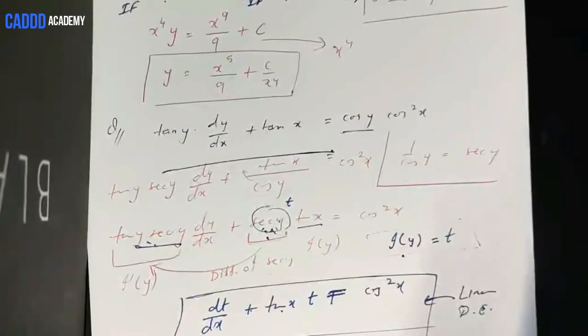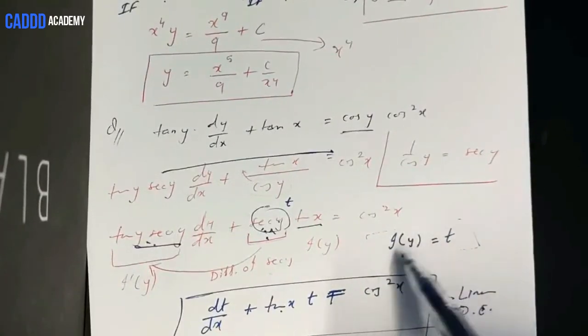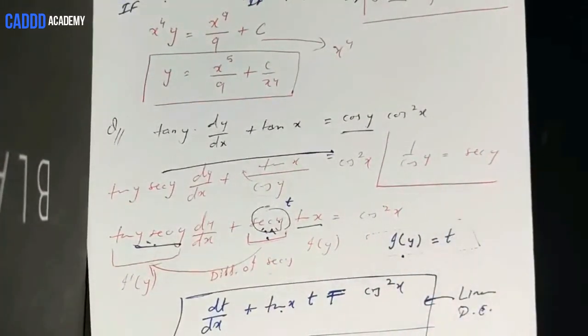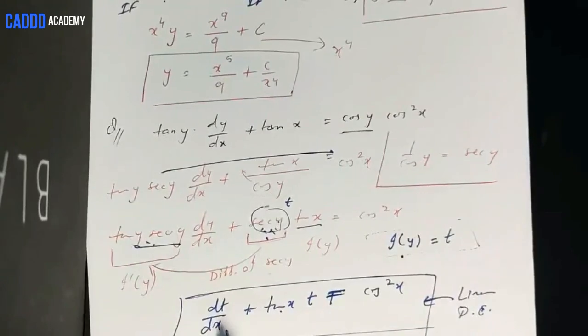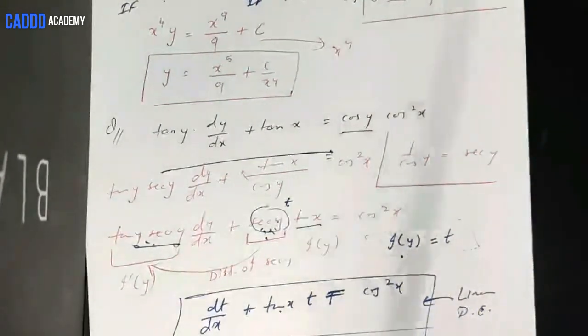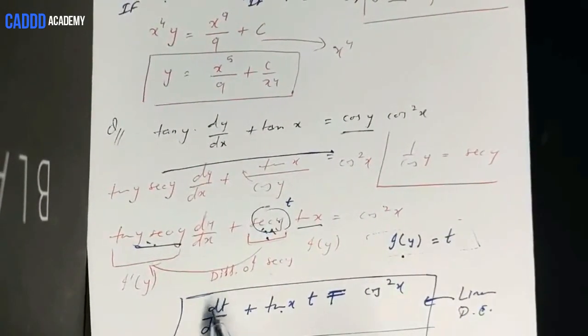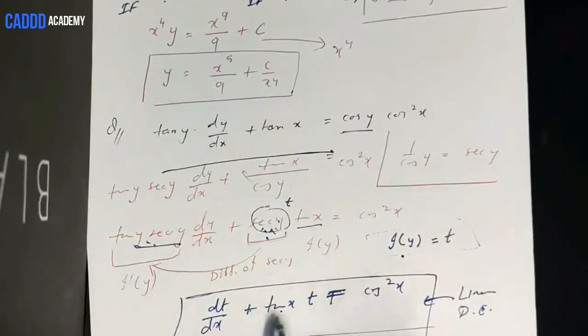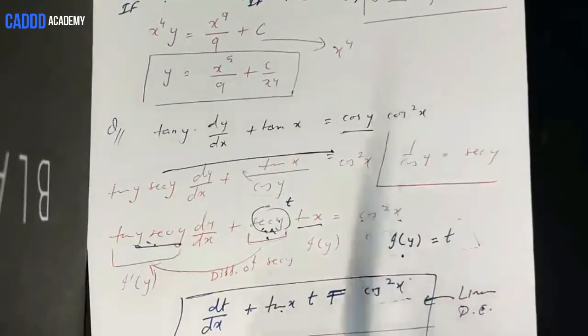After that we put the value of f of y equal to t, and we got a differential equation which is now converted into a linear differential equation: dt by dx plus tan x t is equal to cos square x.